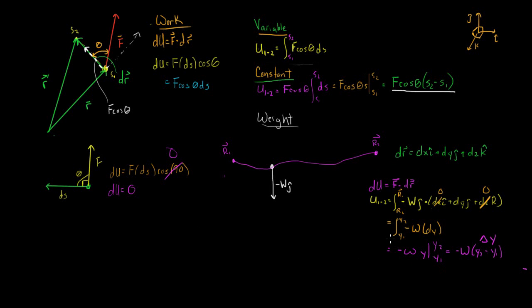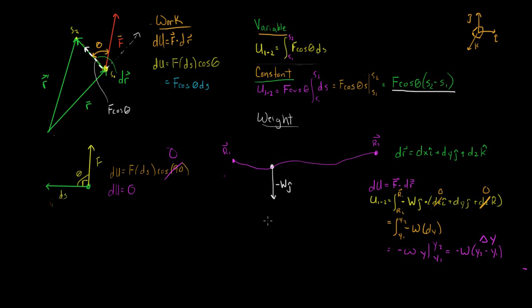So our weight only does work if the height changes, and it can do positive work if the height gets lower, because that's what this minus sign's for. But if the height goes higher and this delta y is negative, so if we move downwards, this negative delta y right here is going to make it positive. So it can do negative or positive work.